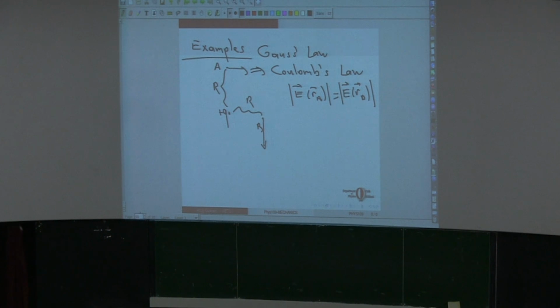So is this your claim? So you are claiming that the electric field is pointing inside the screen. Also here is pointing inside the screen. Right? So as you rotate the point A, this is your vector at point A. As you rotate it to point B, they overlap. This is what you claim.